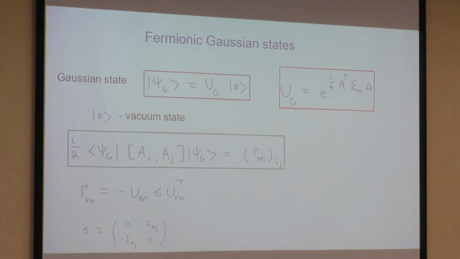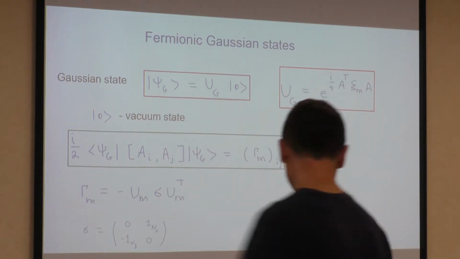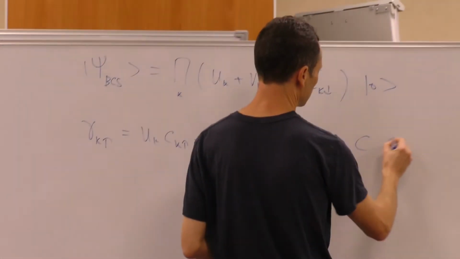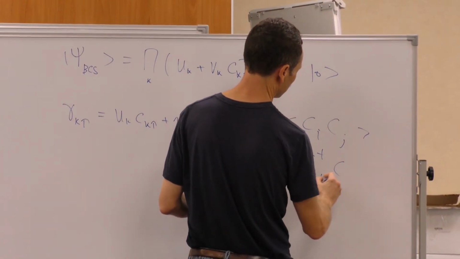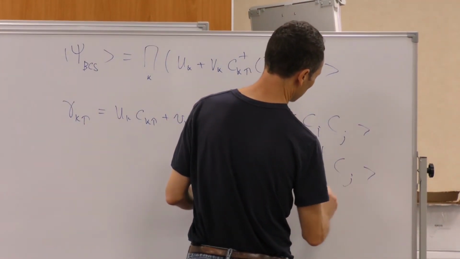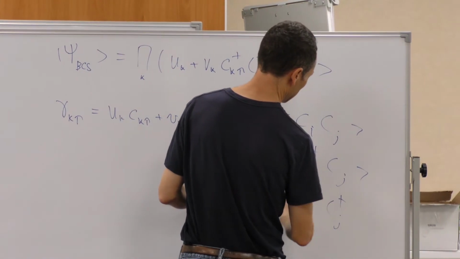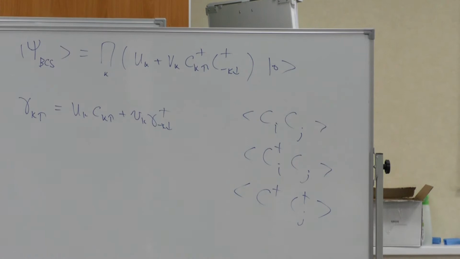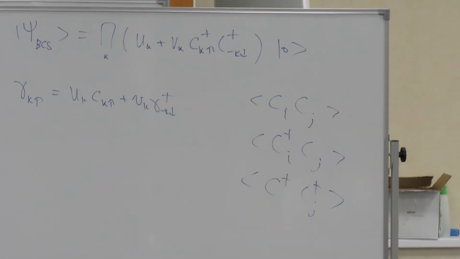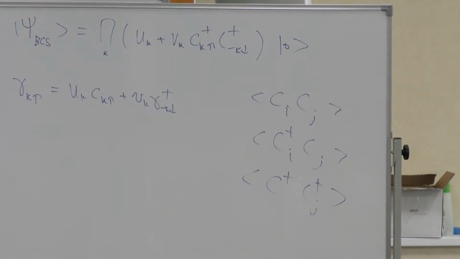We cannot have expectation values of fermionic operators, only expectation values of squares of fermionic operators. So this covariance matrix really contains all kinds of expectation values, of this type, this type, and obviously this type. They are all encoded in this covariance matrix, which has dimension 2n by 2n.